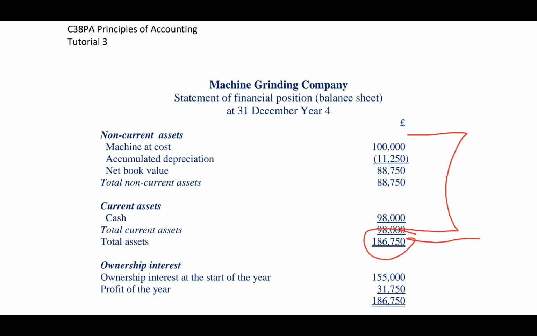And the owner's interest plus the profit of the year. These have to equal, so the total assets and the owner's interest must be the same for you to know that your work is correct. Not the profit of the year, but the owner's interest. Sorry.